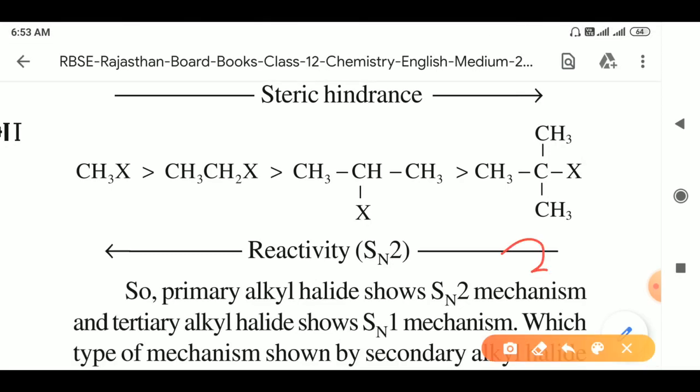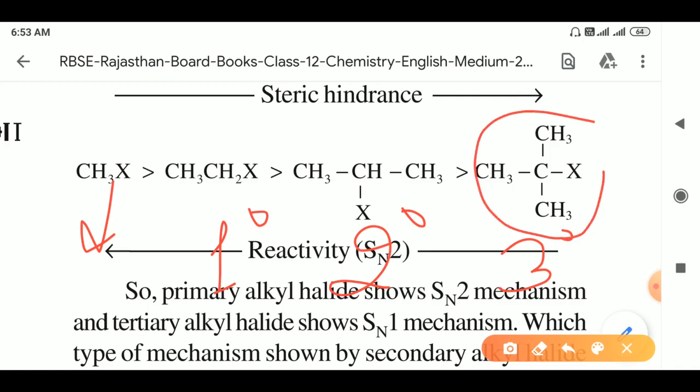That one is 3 degree, that one is 2 degree, that one is 1 degree, and you know very well that is methyl. So what is the reactivity order in the SN2 reaction? Which one is more reactive? If we consider the SN1 reaction, the 3 degree one is more reactive, because in the first step a carbocation is formed, which is stabilized by the inductive effect.